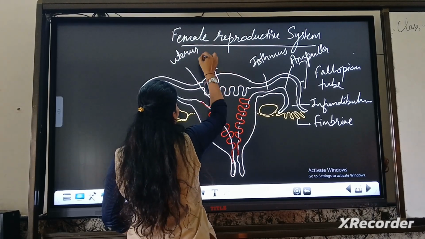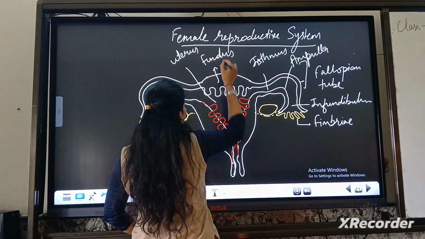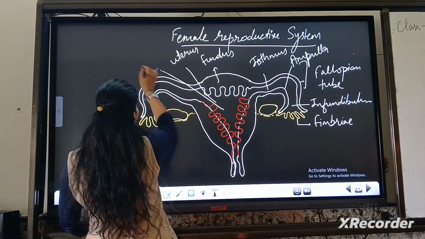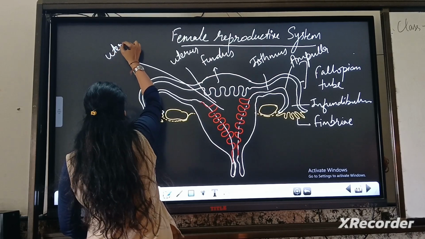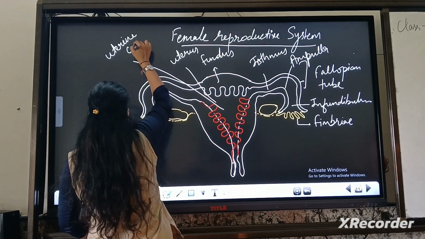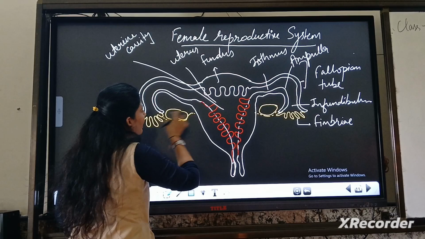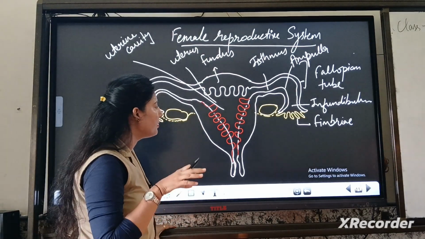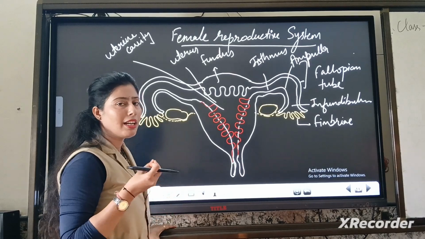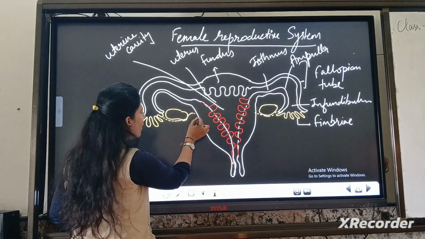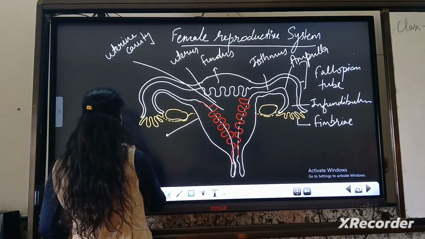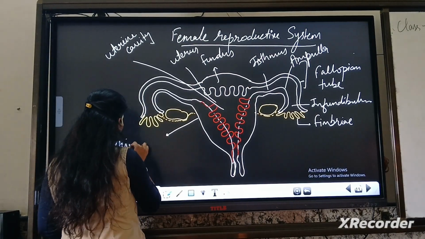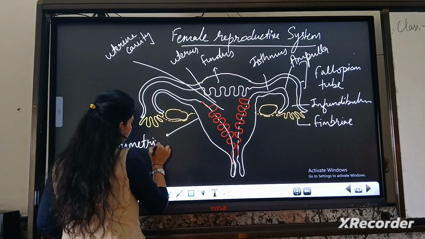This part is called the fundus, the uterine fundus, and this canal, the widest canal, is known as the uterine cavity. This uterine cavity is generally surrounded by three types of membranes, and each of the three has its characteristic features. The outermost membrane is made up of a thin layer of epithelium cells, which we call perimetrium.